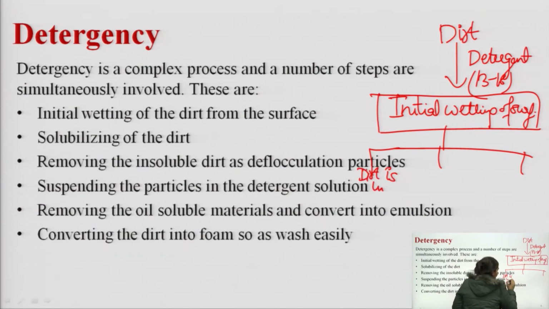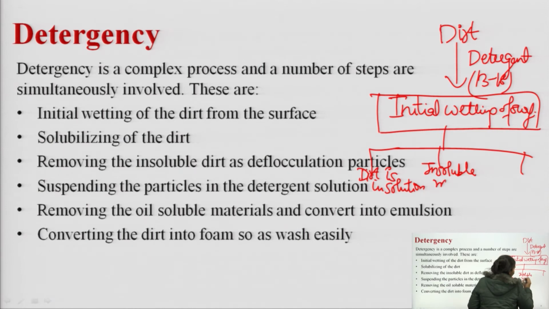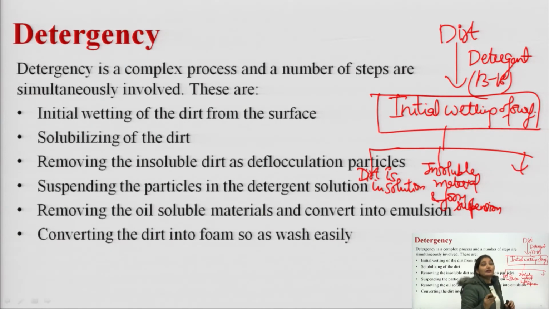In the second step, the insoluble dirt is precipitated as deflocculated particles and forms suspension. Okay. And in the third step, the oil substances or the oil soluble substances will be converted into the emulsion.